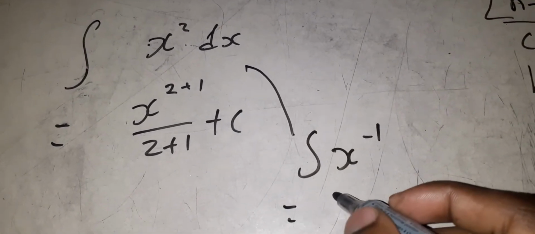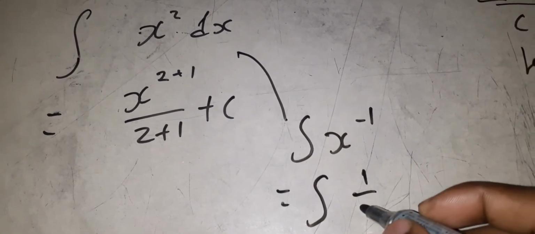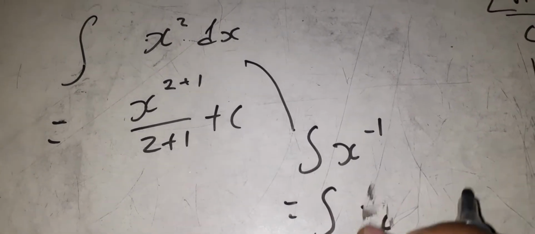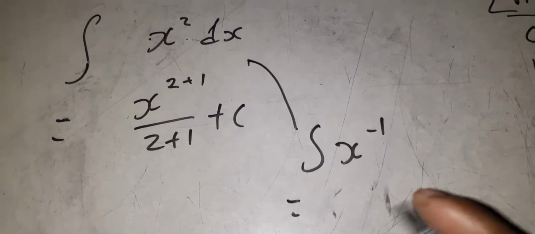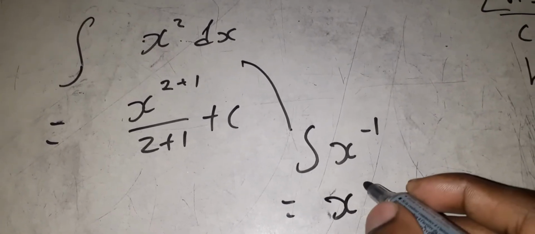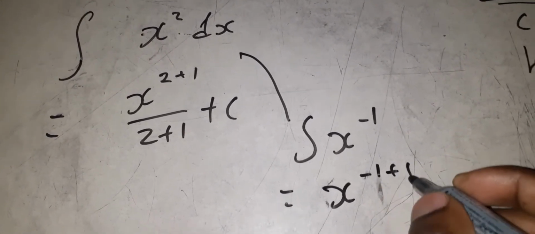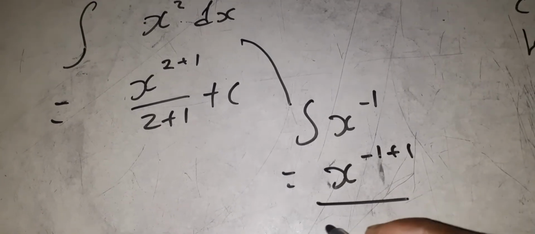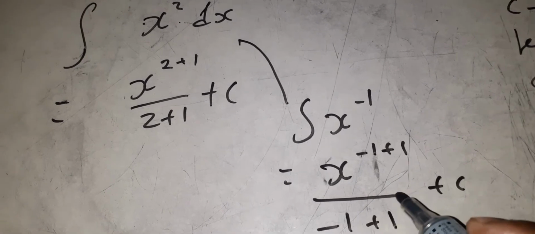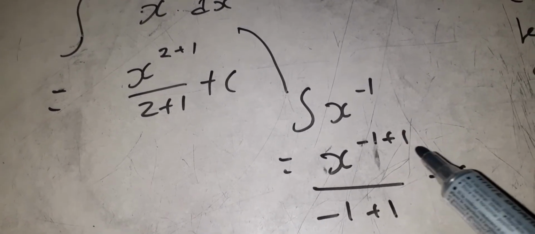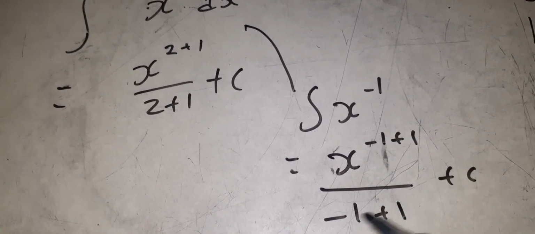We know that it will be 1 over x. Let's apply the power rule. We'll have x to the minus 1 plus 1, then divide by minus 1 plus 1 plus c, which is mathematically wrong because this will give us 0, and here we'll have 0.